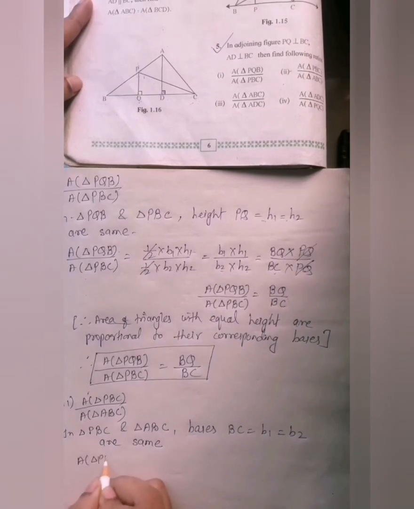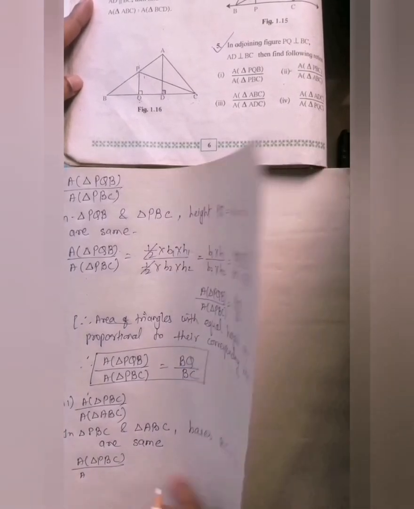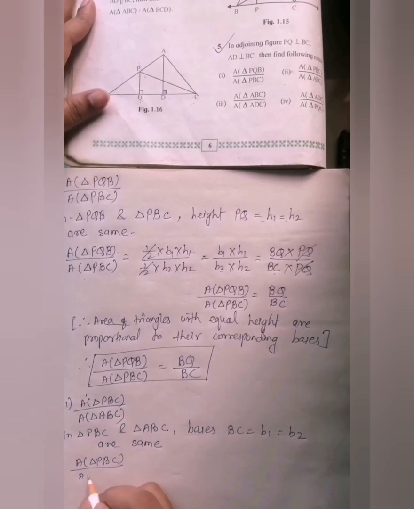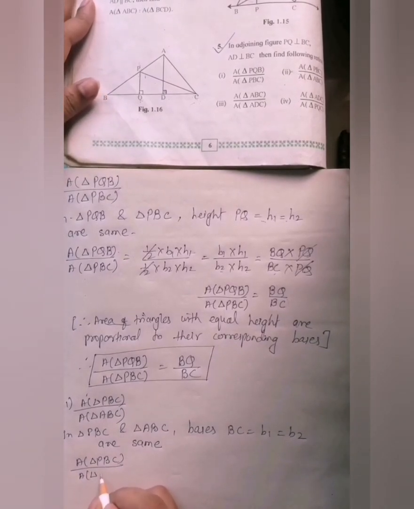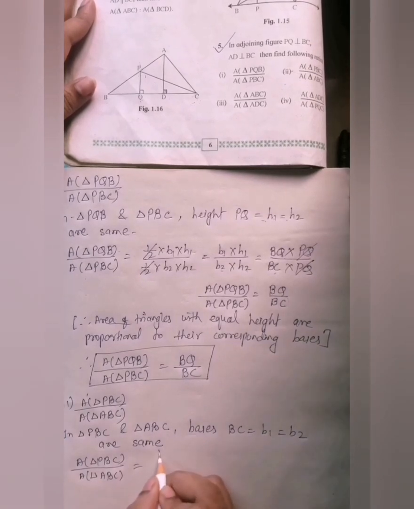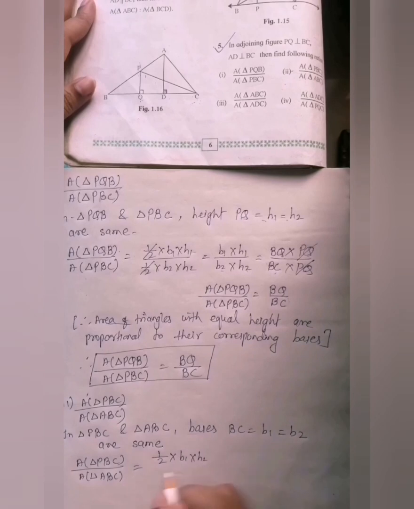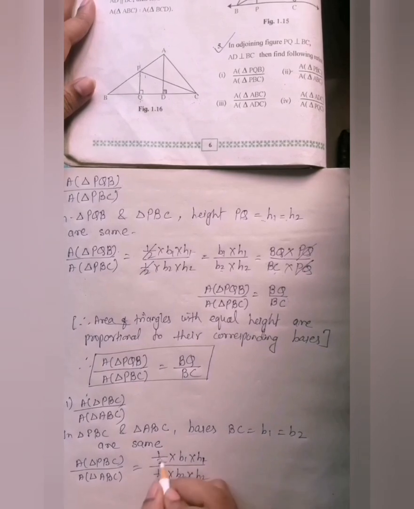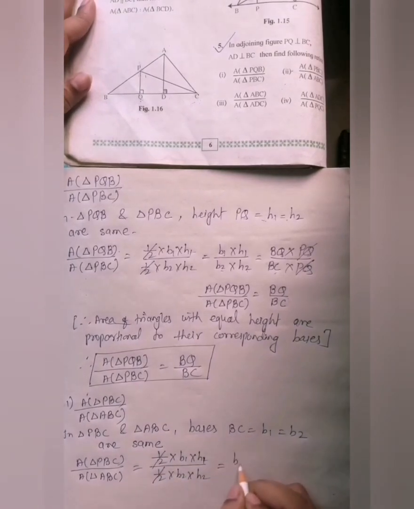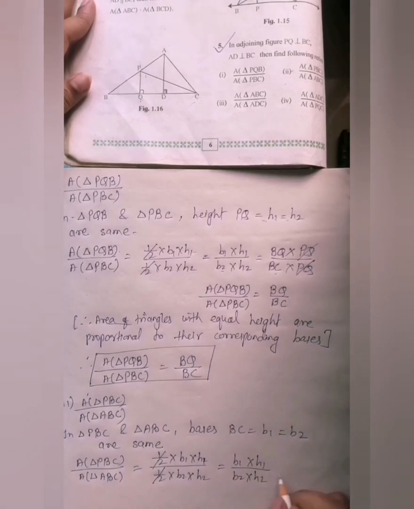Area of triangle PBC upon area of triangle ABC. After that write down the formula of area of a triangle. Half into base into height means B1 H1, half into B2 H2. Half cancels, equals B1 multiply H1 upon B2 multiply H2. Clear, students?